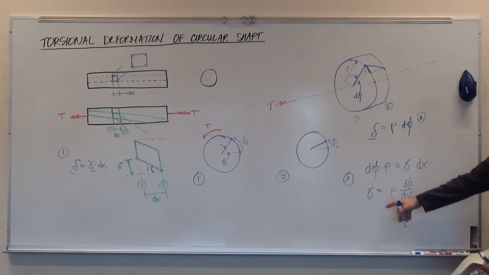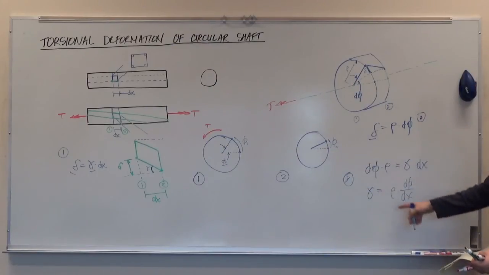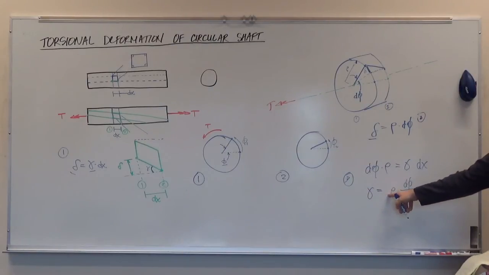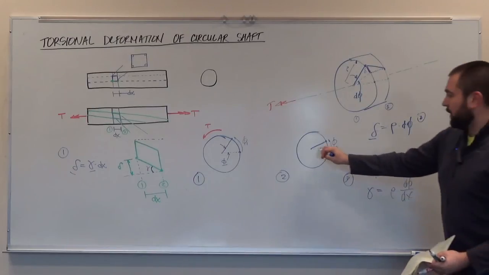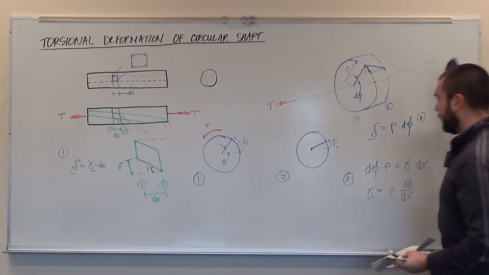We can tell that the shear strain at any given point on our cross section is proportional to the distance from the centroid. And so here at the very center of our cross section, actually I'll draw a new diagram.